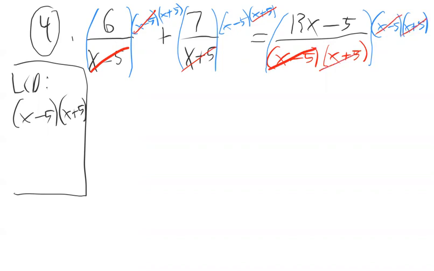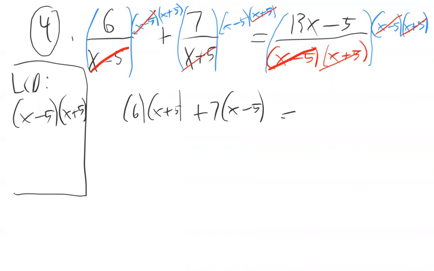So the next step is I have 6 times x plus 5, plus 7 times x minus 5, and then equals.